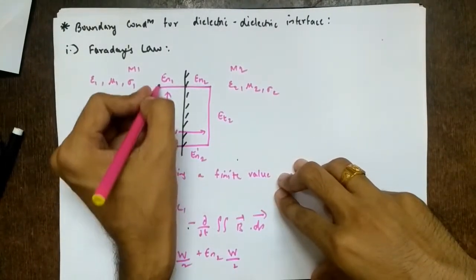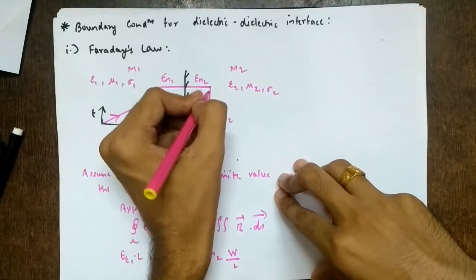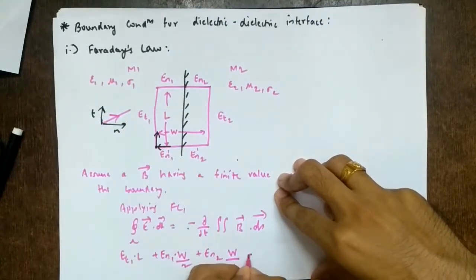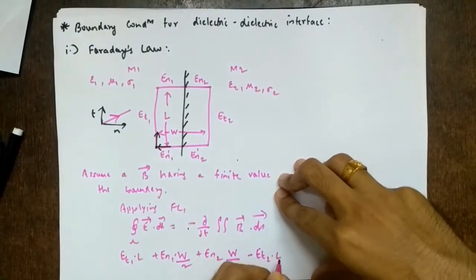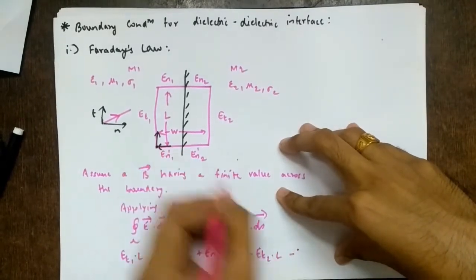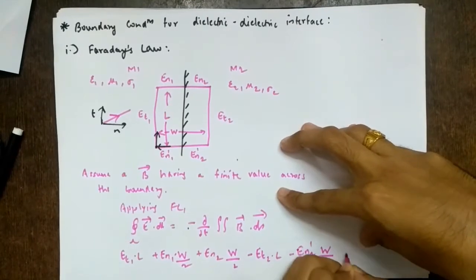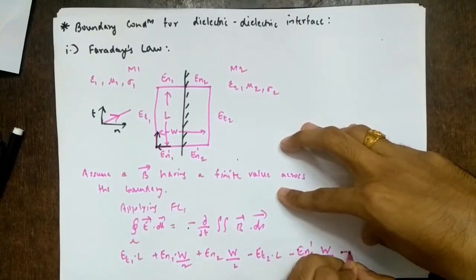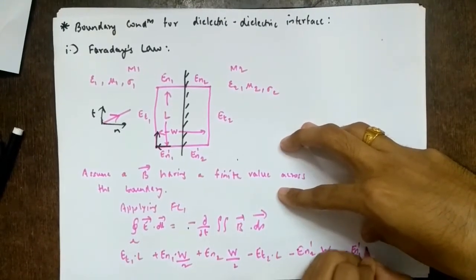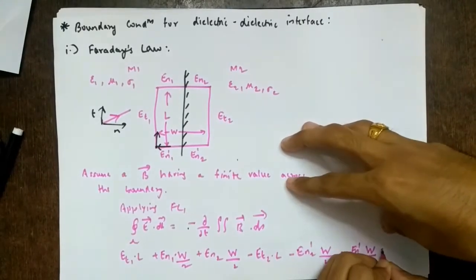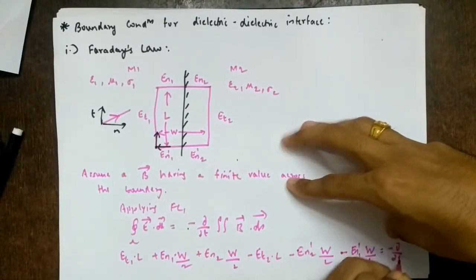Now you are going upwards here, but for ET2 you are going downwards, in the opposite direction. So minus ET2 into L. Again here you are going in the opposite direction: minus EN2 prime W by 2, minus EN1 prime W by 2, equal to minus del by del t.